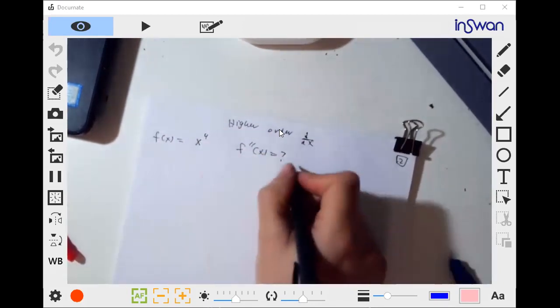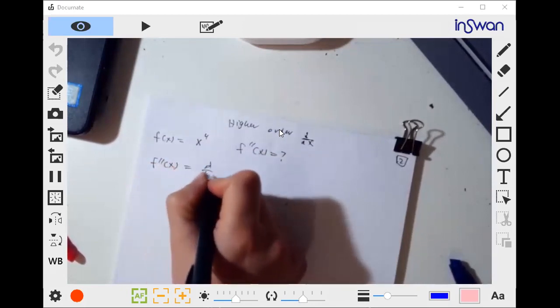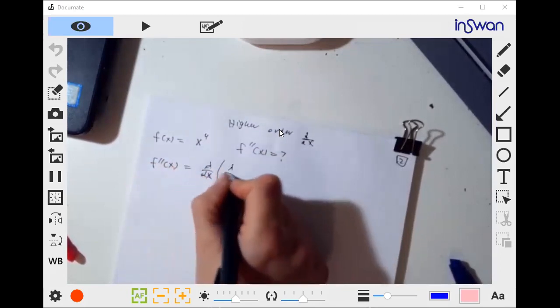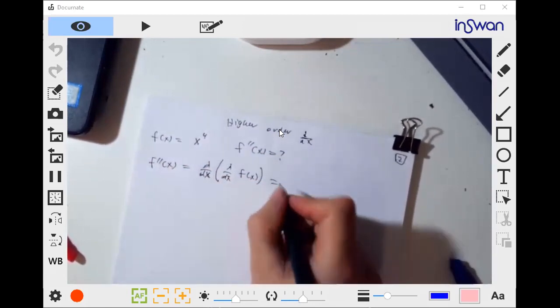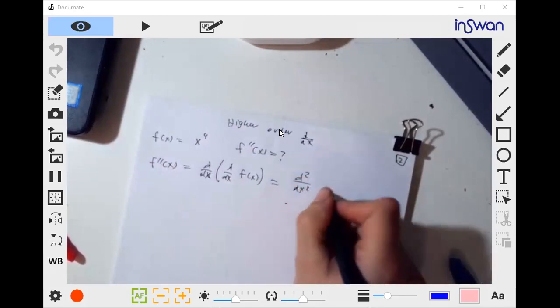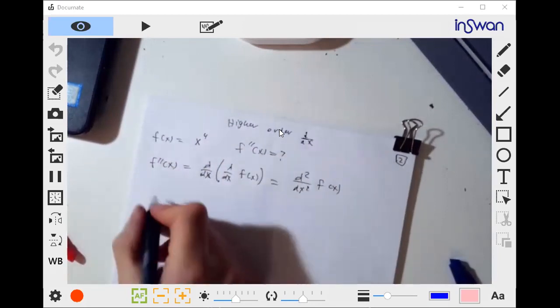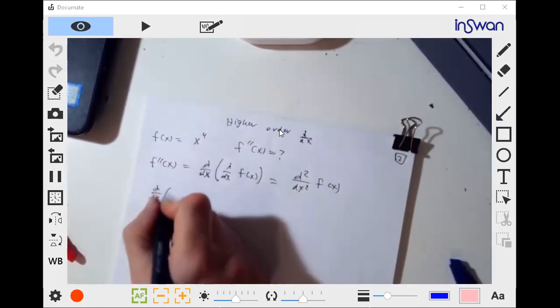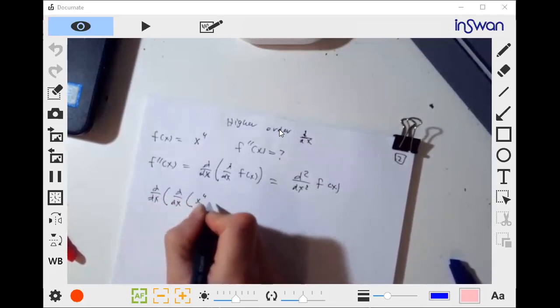Well, f double prime of x is the same thing as d dx of d dx of f of x. Notationally, two d dx's can be called d squared dx squared of f of x. So what does that mean in this context? Well, it just means we have a d dx of a d dx of x to the fourth.